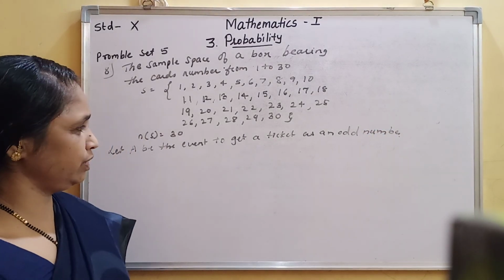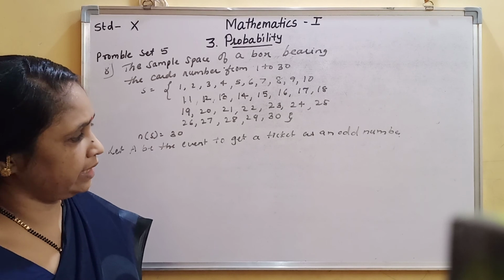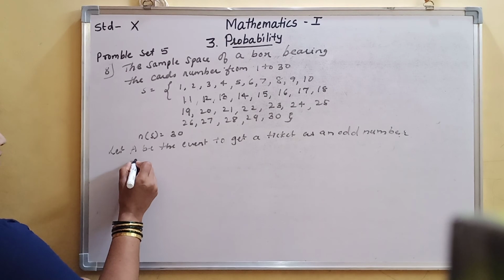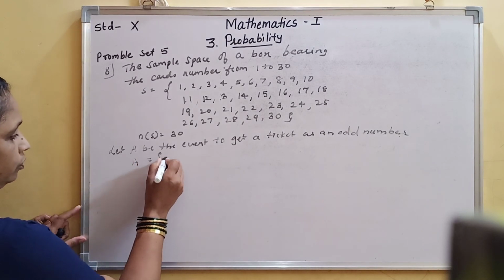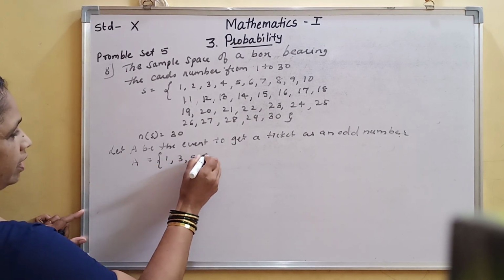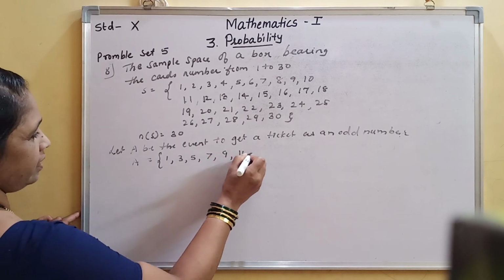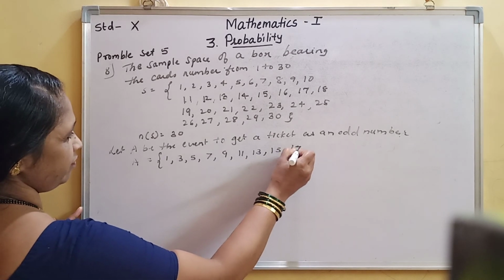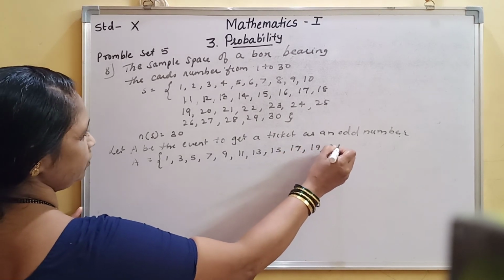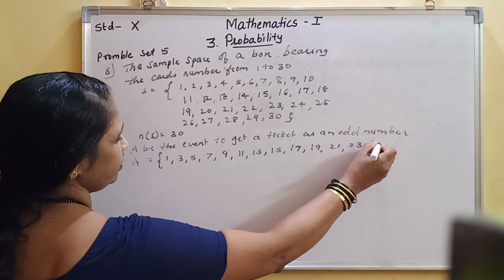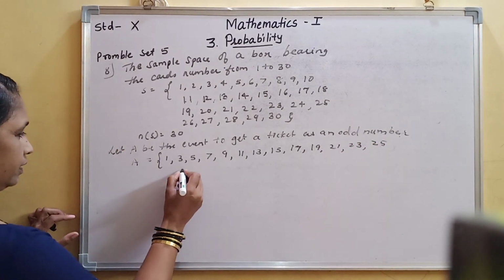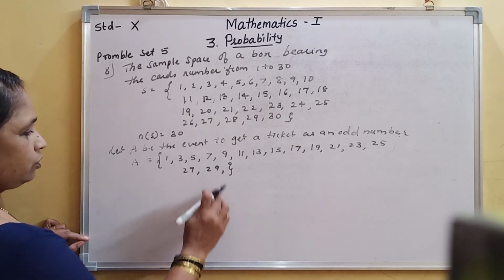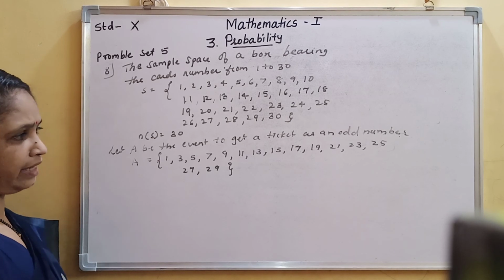So the odd numbers are: A is equal to 1, 3, 5, 7, 9, 11, 13, 15, 17, 19, 21, 23, 25, 27, 29. These are the tickets bearing an odd number.